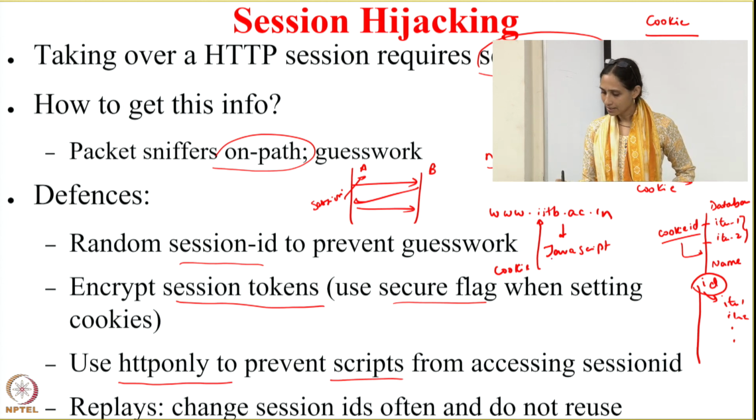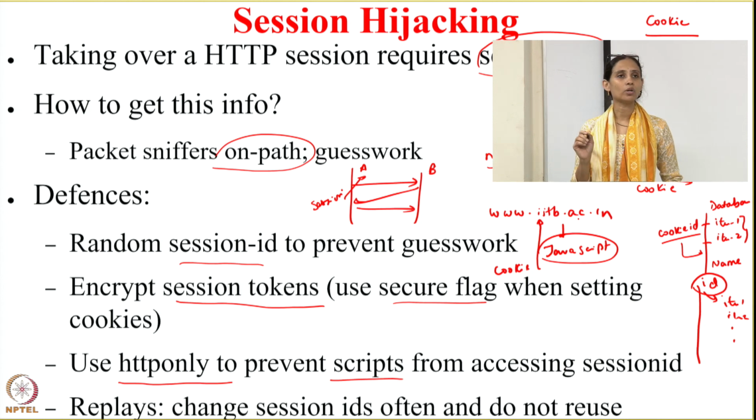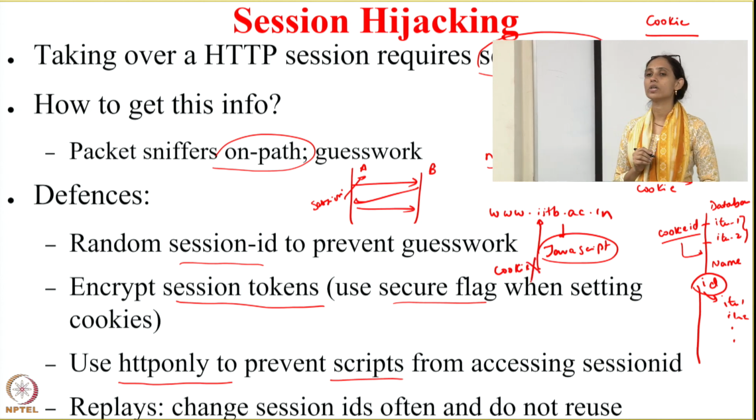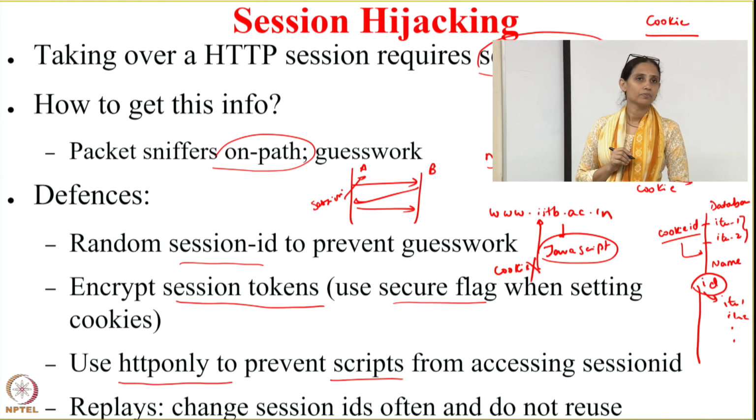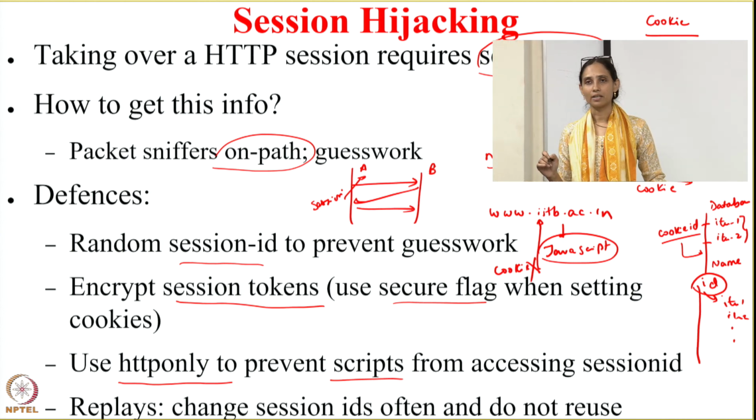This is saying that even though I downloaded this JavaScript from iitb.ac.in, it can still not access the cookie information. This will become clear when we look at some of the other complicated attacks, why this is disabled. So, you could use HTTP only to prevent that as well.